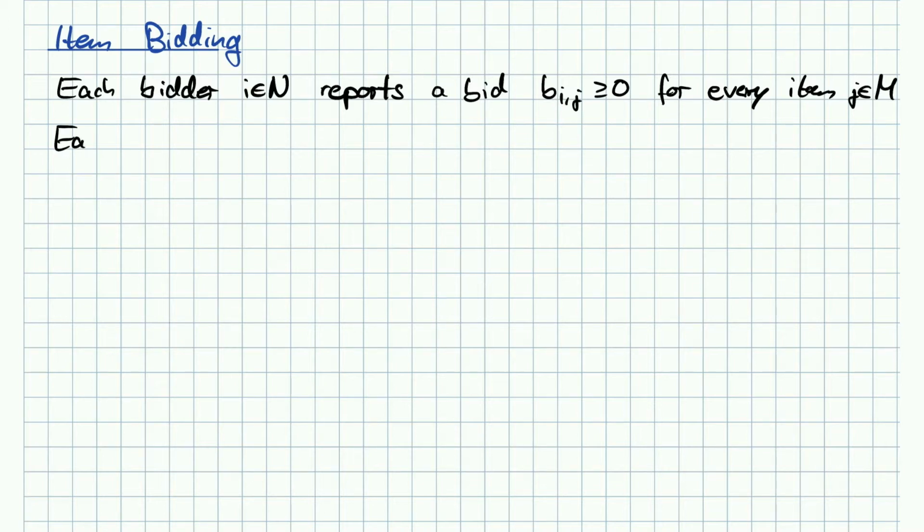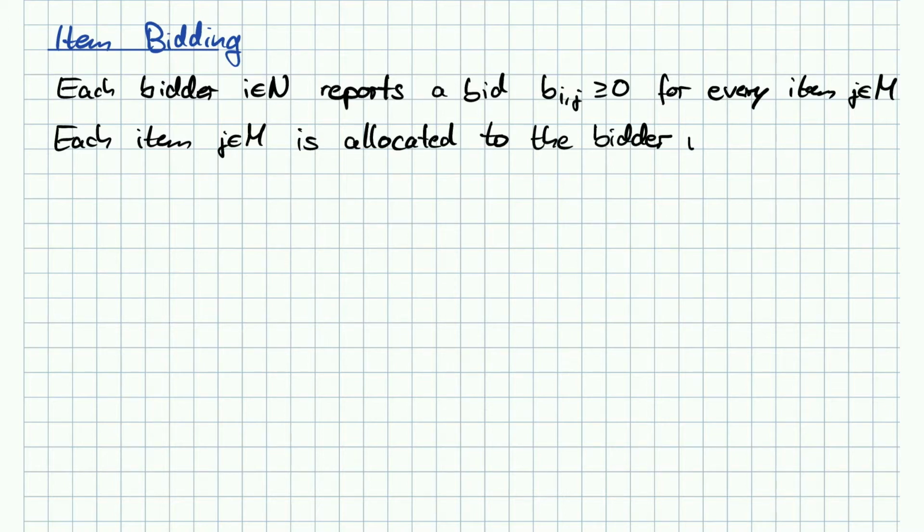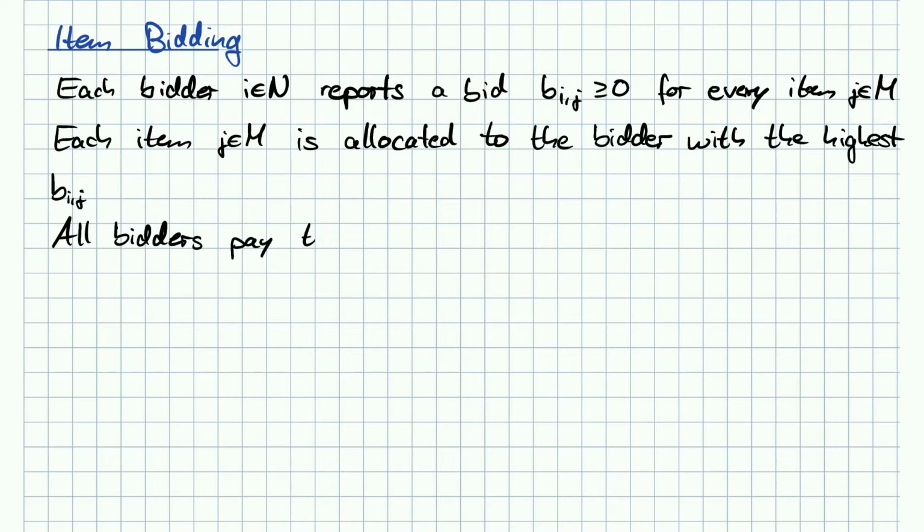And then each item is allocated to the bidder with the highest b_ij, and all bidders pay the sum of their respective winning bids.